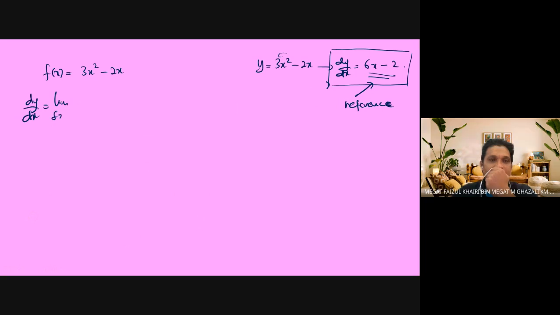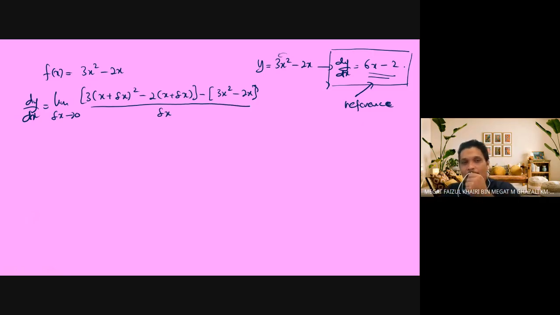Limit of delta x approaching to 0, 3(x plus delta x) squared minus 2(x plus delta x), minus (3x squared minus 2x), and everything divided by delta x. Okay, so limit of delta x approaching to 0.